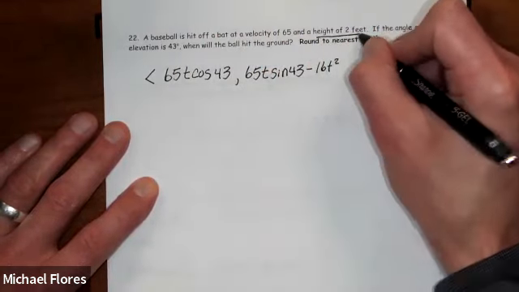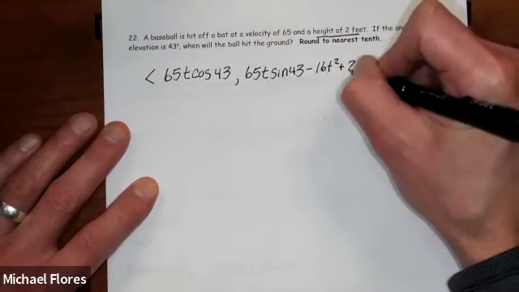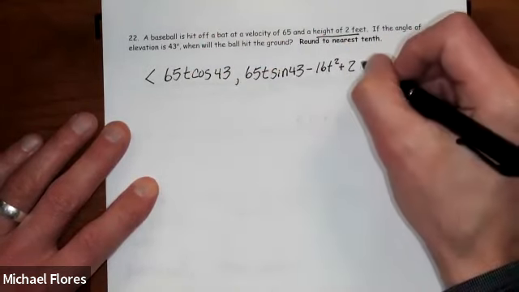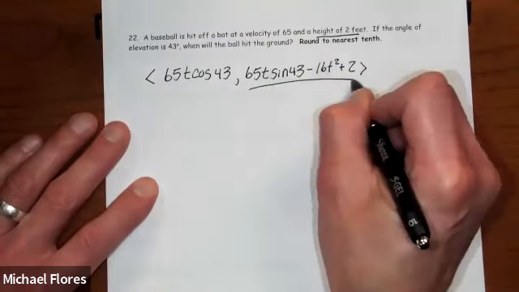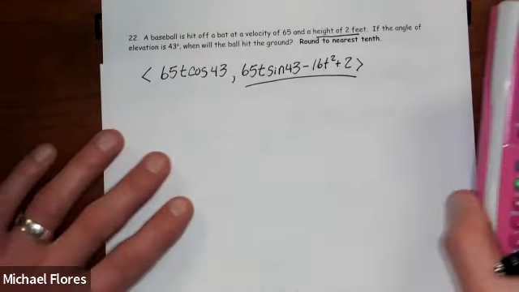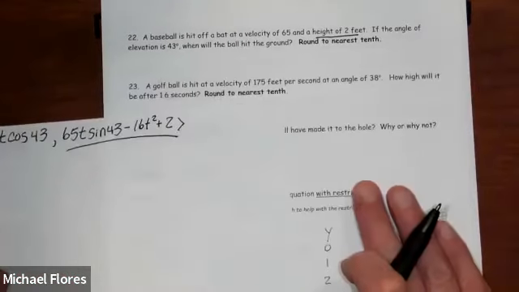At a height of 2 feet, so we're going to add that after our minus 16t squared. When will the ball hit the ground? Let's plug this into our calculator, the y equals portion.